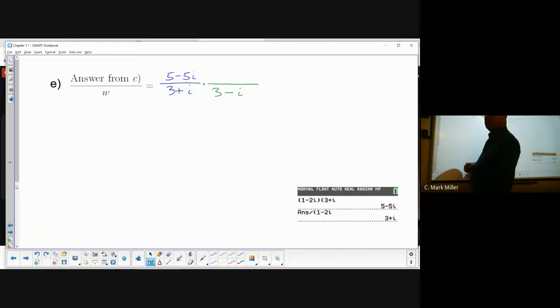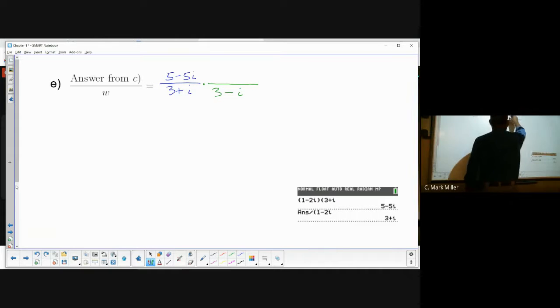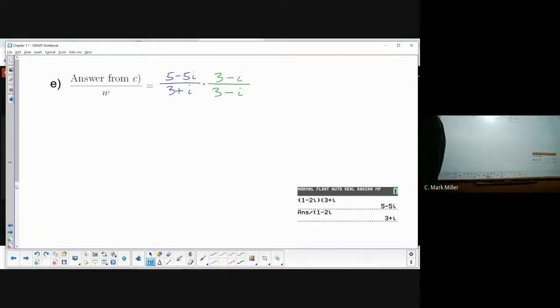Now I can't multiply the bottom by 3 minus i and not the top. The top is also 3 minus i. So I have effectively multiplied by 1.